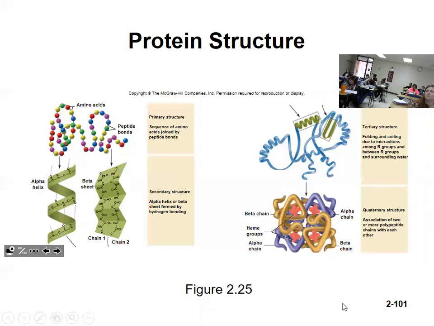And then that chain did that, and then it folded, and then it got with other chains, and this is one molecule of hemoglobin. Hemoglobin is a protein, and y'all have all heard of hemoglobin, haven't you? Hemoglobin is a protein that is going to function, and this is an example of a protein. It's going to function by delivering oxygen to our cells. Hemoglobin is the main protein inside of your red blood cells.